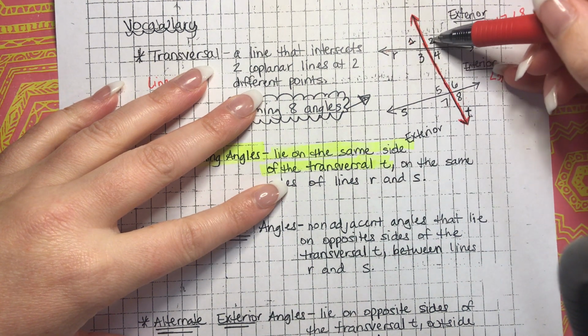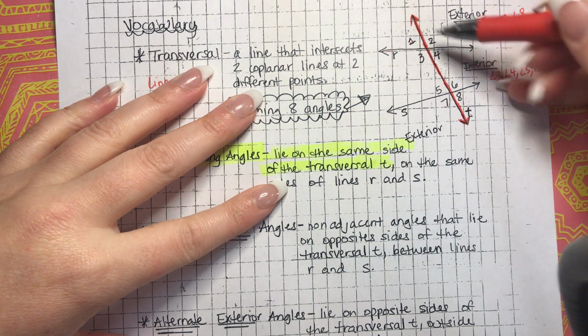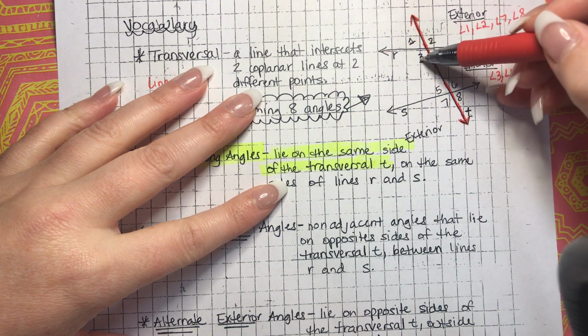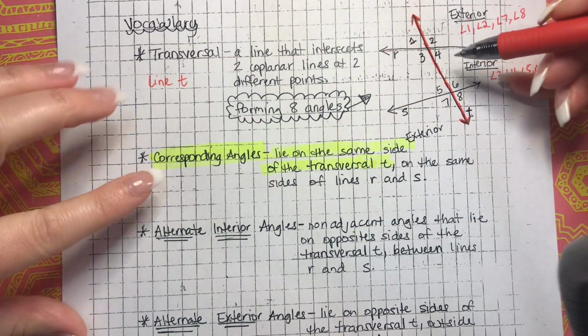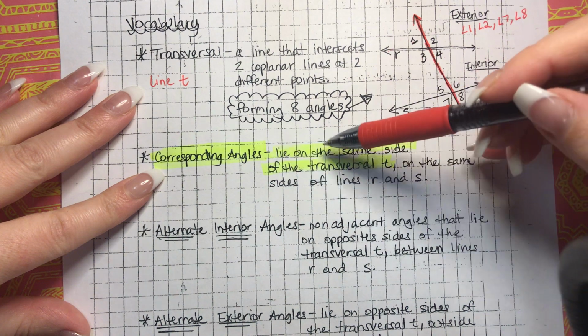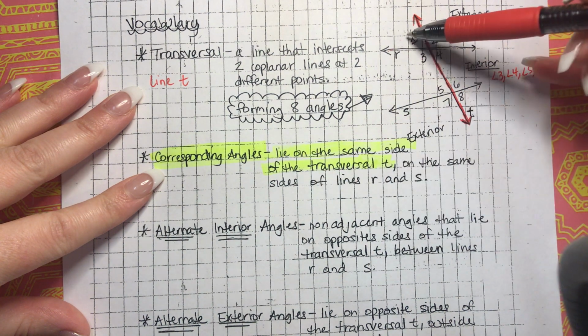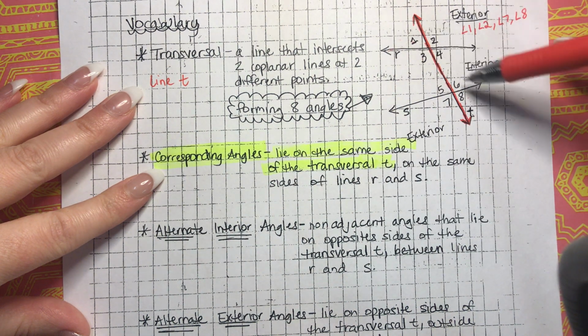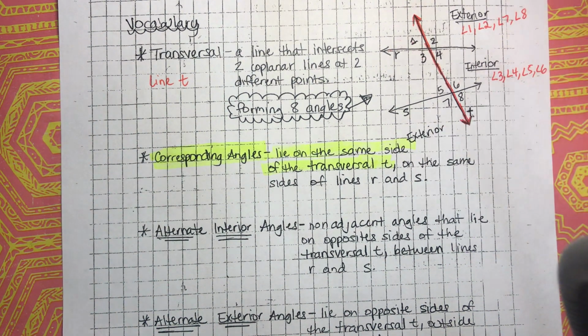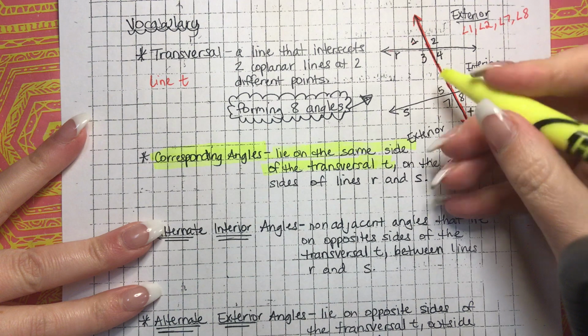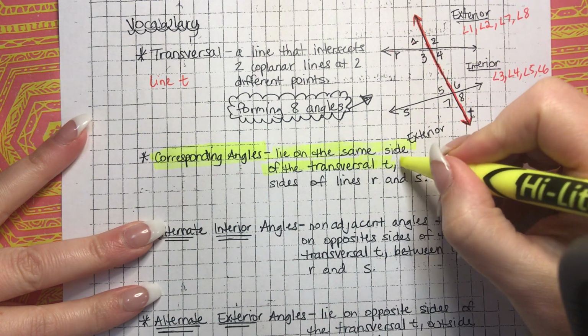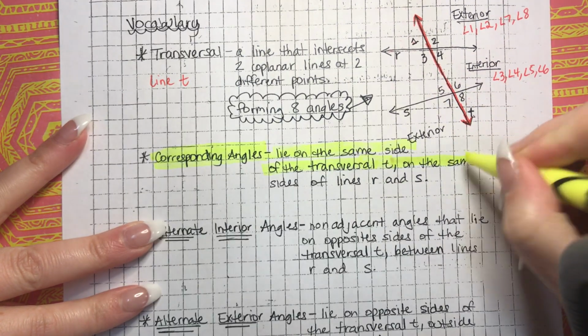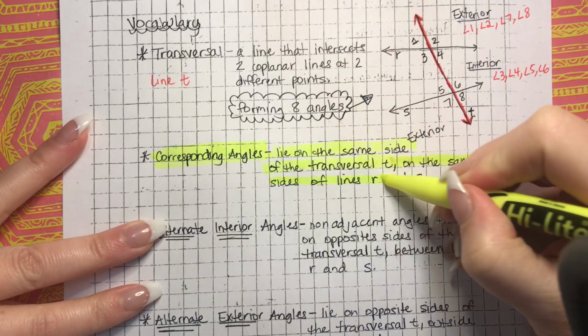So one side would be 2, 4, 6, and 8, and then the other side would be 1, 3, 5, 7. So what we know is corresponding angles lie on the same side. Okay, so they lie on the same side, either the right side or the left side, but there's more. So they lie on the same side of the transversal on the same sides of lines R and S.